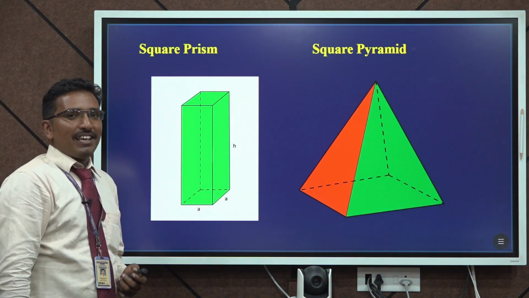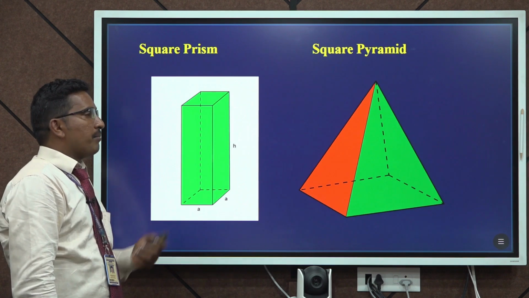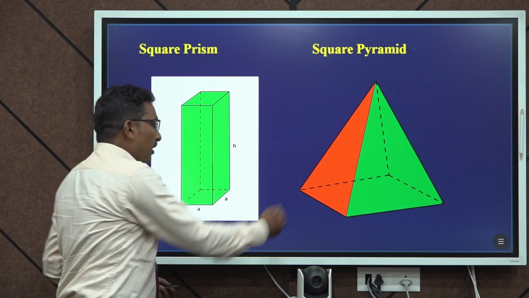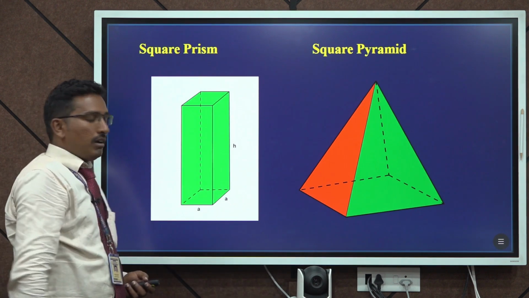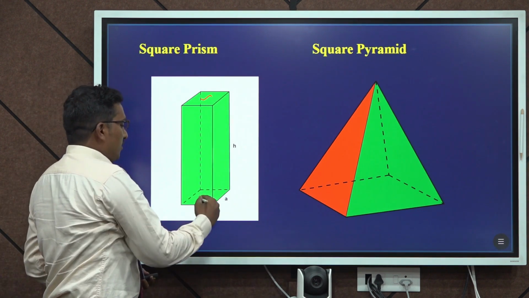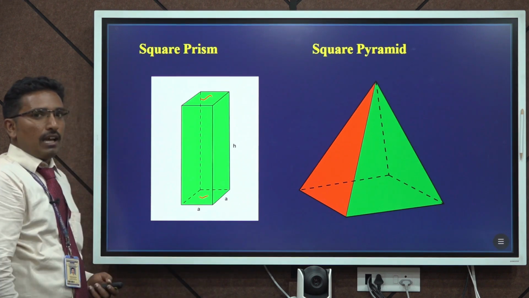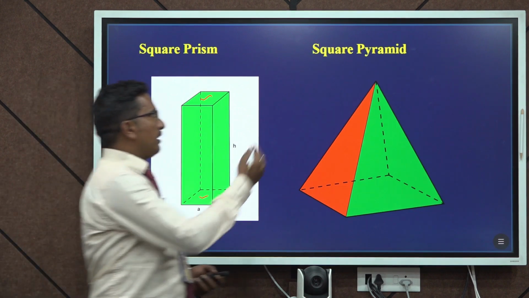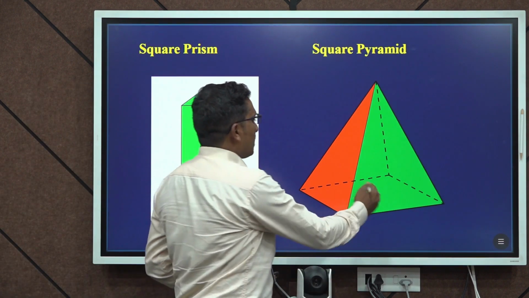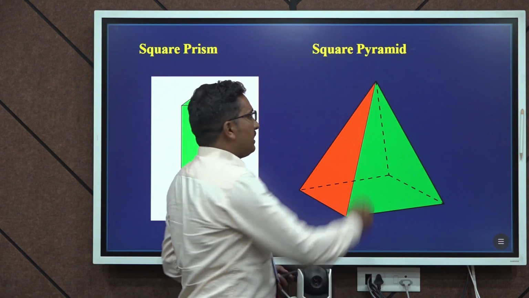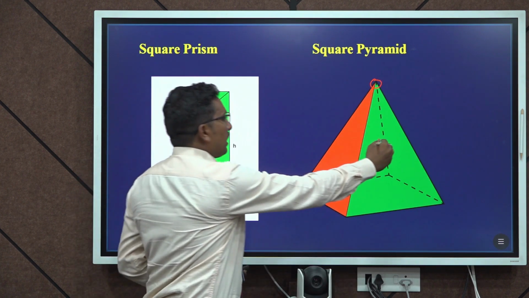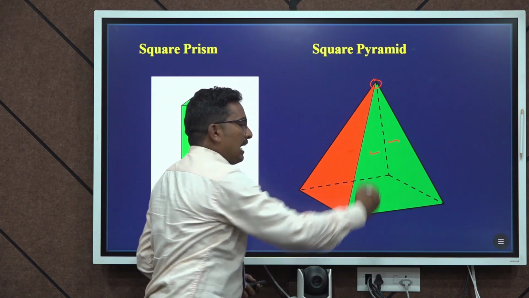Similarly, square prism and square pyramid have square faces at the bottom. In a square prism, both top and bottom have square sides and the remaining sides have rectangular faces. In a square pyramid, the bottom has a square shape, the top has only one apex and the remaining faces are triangular shapes.